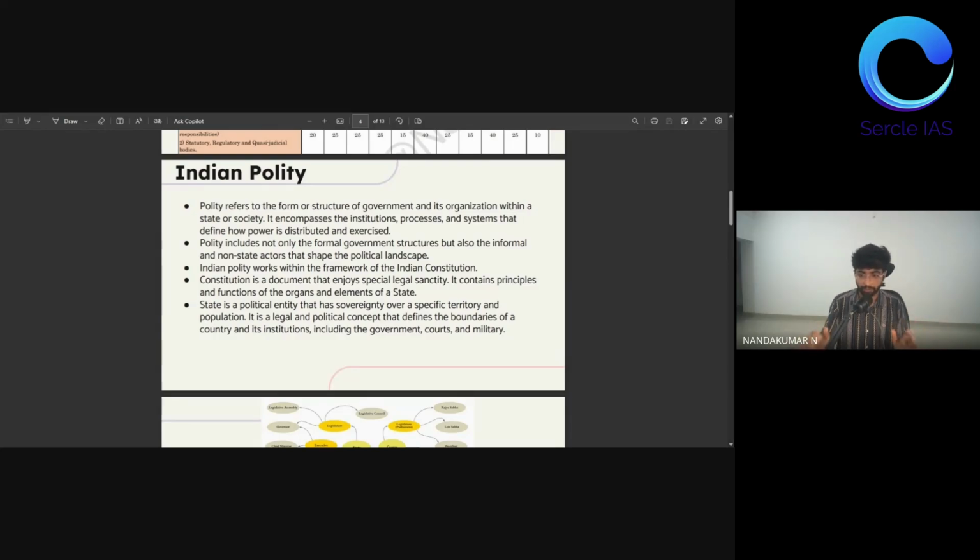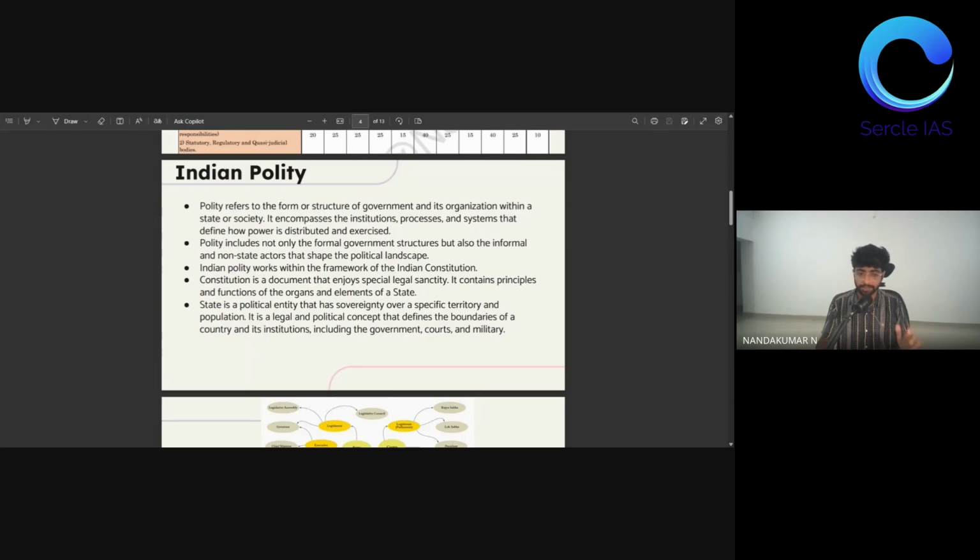We are all part of this political structure. Indian polity works within the framework of the Indian Constitution. Since we follow a constitution, we have a written document. It is the fundamental law book of the country. And we need to understand what is a constitution. Constitution is a document that enjoys special legal sanctity. It is the most fundamental law book of the country.